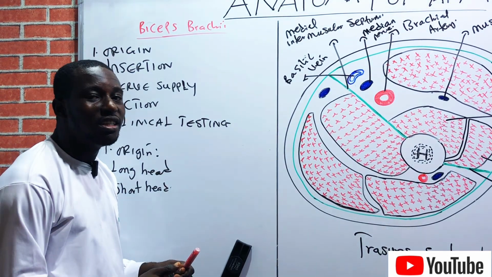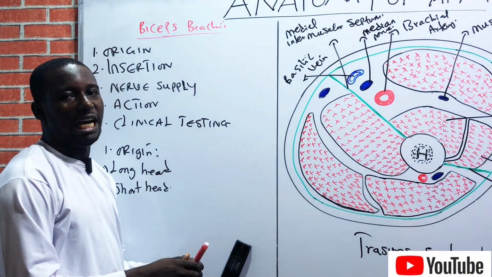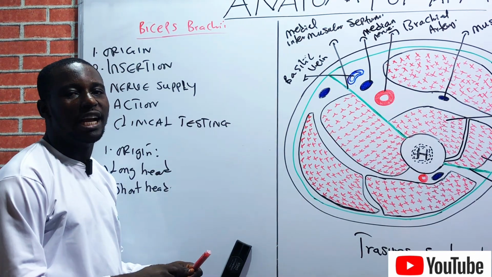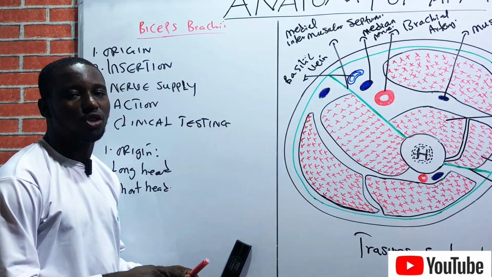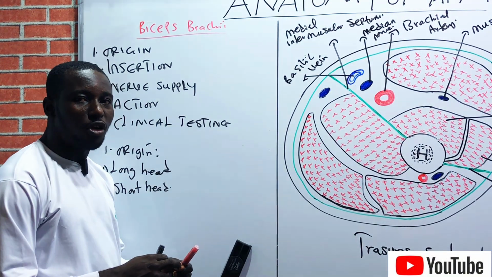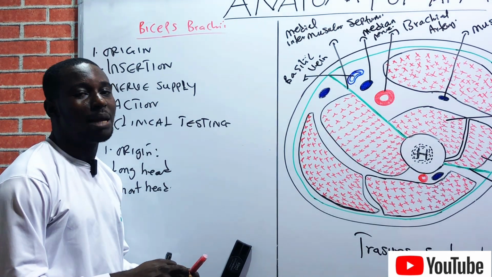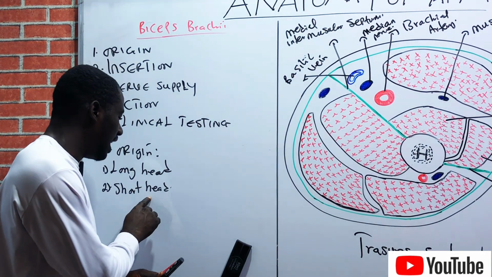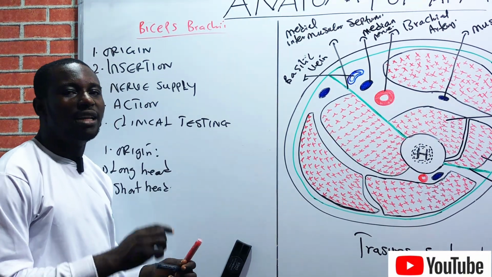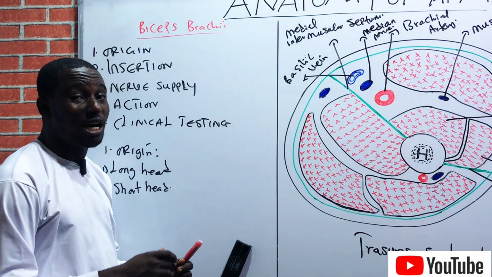That is within the capsule of the shoulder joint, because the tendon of the long head runs superiorly over the head of the humerus from the intertubercular sulcus. The short head originates alongside the Coracobrachialis at the tip of the coracoid process of the scapula.